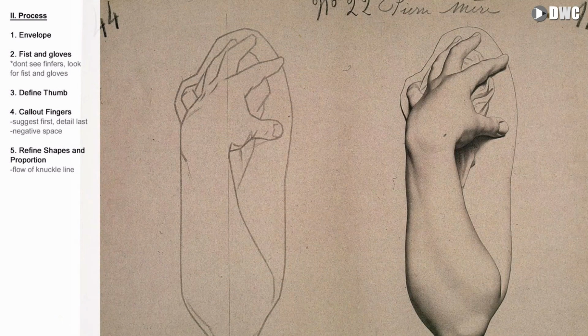Okay, once you define your thumb, the next obvious thing is the fingers. So fingers, obviously, we need them to fully communicate the hand, especially when the fingers are splayed out or spread out, right? We can't possibly glove or group all the fingers if they're all splayed out, but we do need to draw fingers.